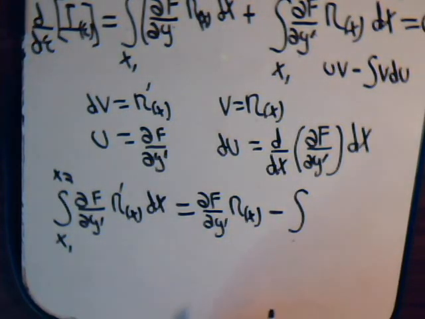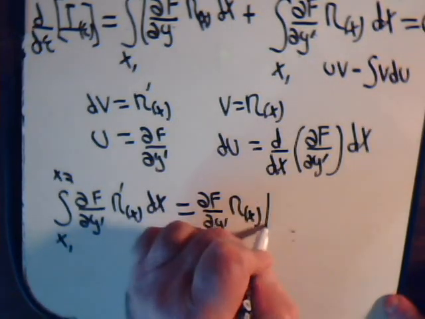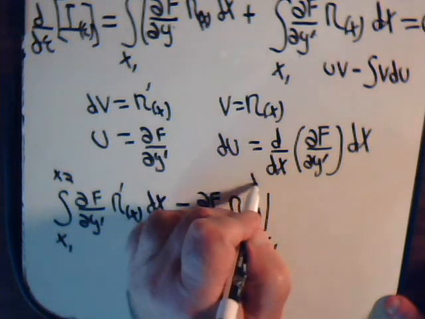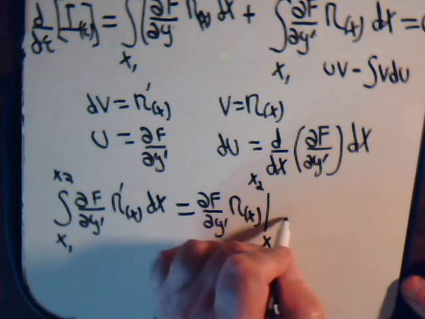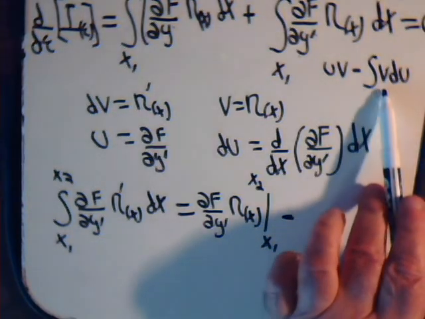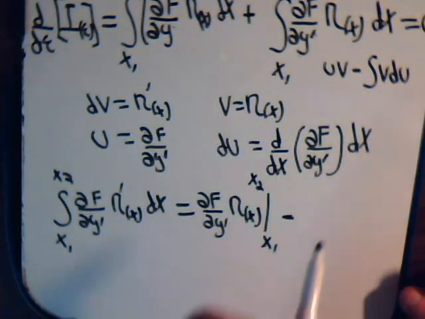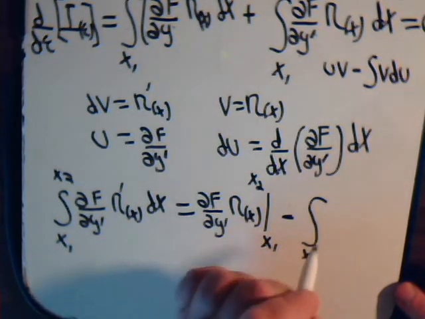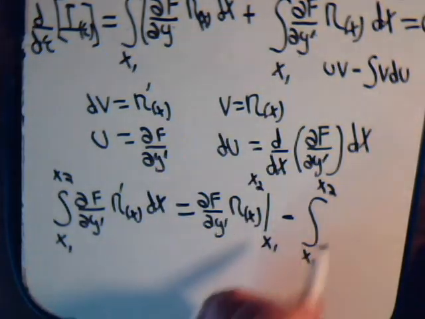Oh, before we do, let's not be too hasty. This goes from x1 to x2. Minus the integral of v du. There's v and here's du. So let's write it all out. This integral. And we have nu of x.